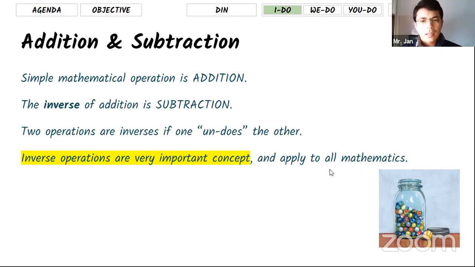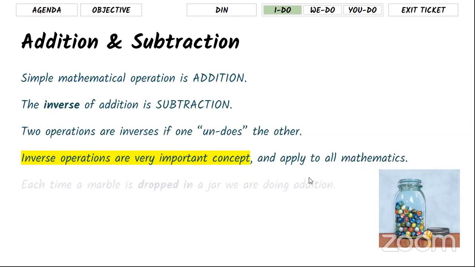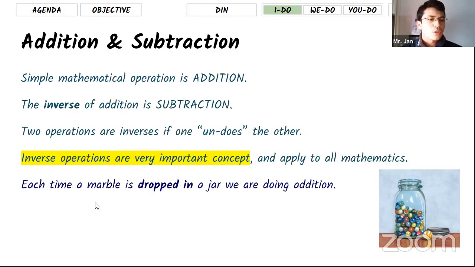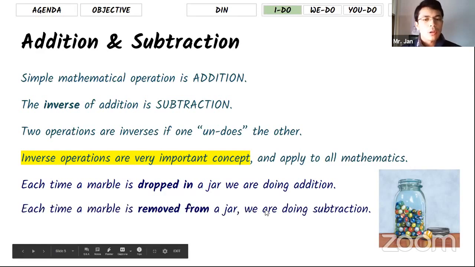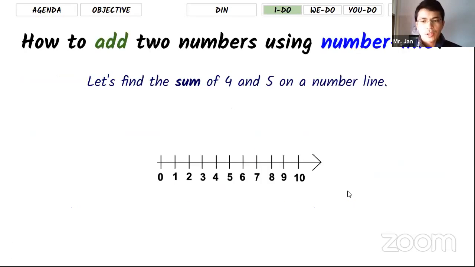It applies to all mathematics. In mathematics, you'll find every single action has an opposite, and we'll talk about those. Each time a marble is dropped in a jar, we're doing addition. Each time we remove a marble from a jar, we're doing subtraction. This is an example for those 2 operations.